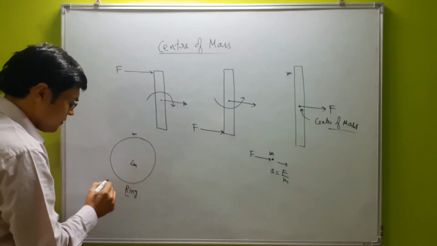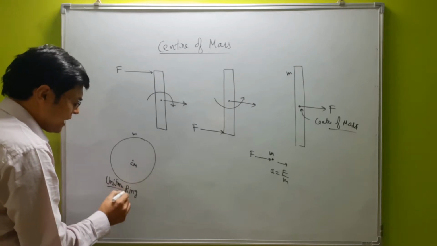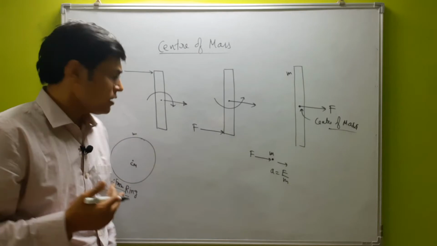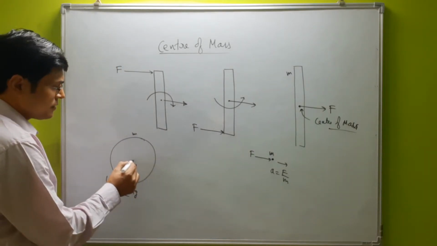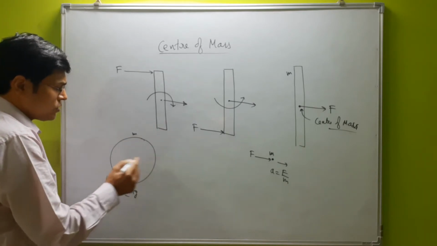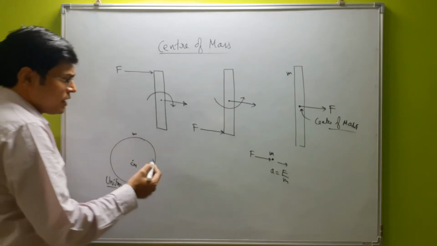It's a uniform ring, of course. And of course, there are certain ways to calculate center of mass that we will discuss later on. So if it's a uniform ring, here the center of mass is lying outside the circumference of the ring, so definitely it is not inside the body, but outside the body.